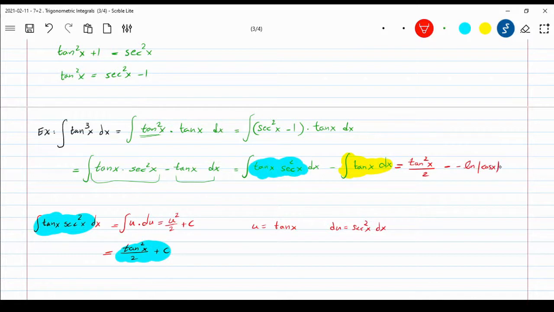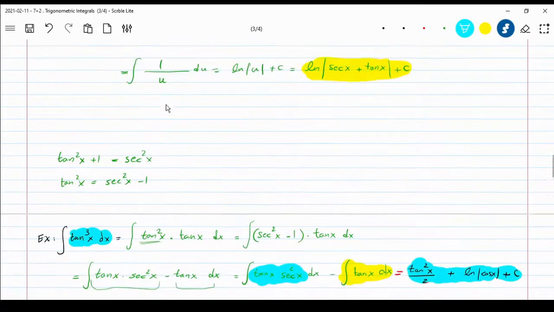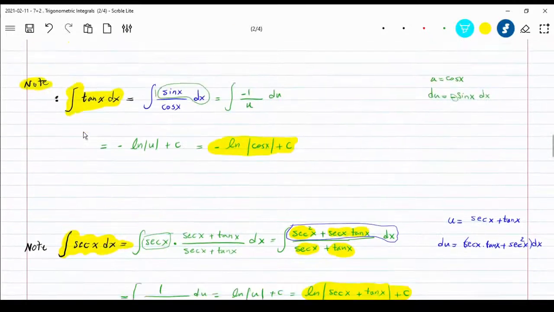It was one of the notes that we mentioned above. And negative is simply positive, so plus, and plus some constant. This is the result for tangent to the third power. So the technique is similar to what we did for sine and cosine, except that sometimes you deal with single tangent or single secant, and in that case you need to know the two integrals that we mentioned as notes.